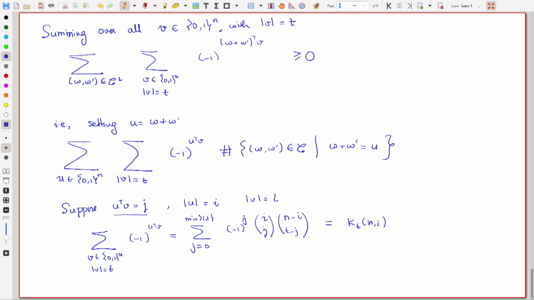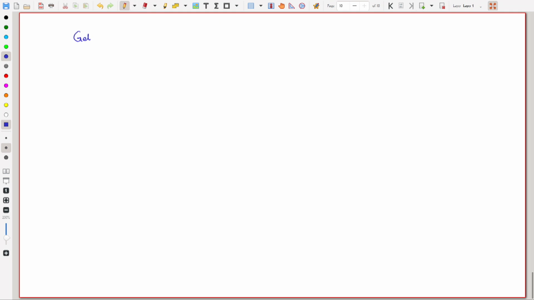So, anyway, maybe I did not explain this very carefully. So, if you do this carefully, what you will get is summation over w comma w prime in c squared k t n d w w prime is greater than or equal to 0. And how many times does k t n I appear in the above sum?